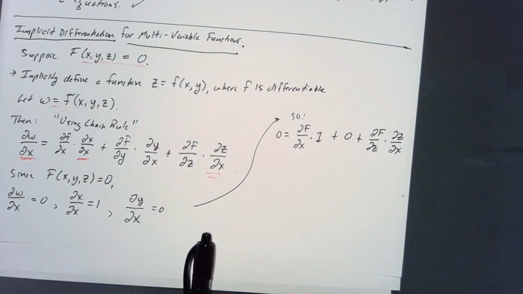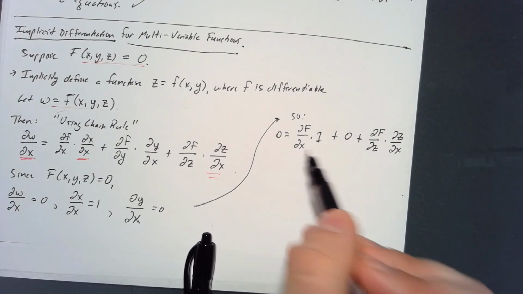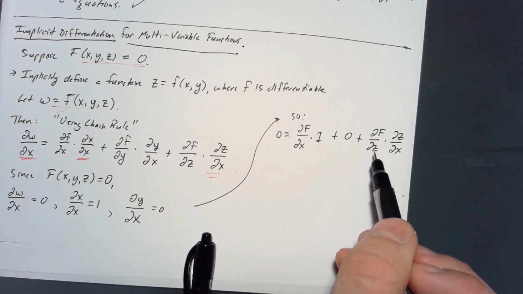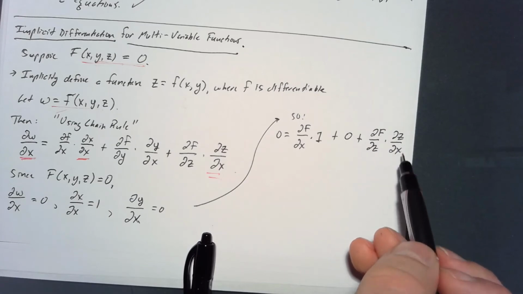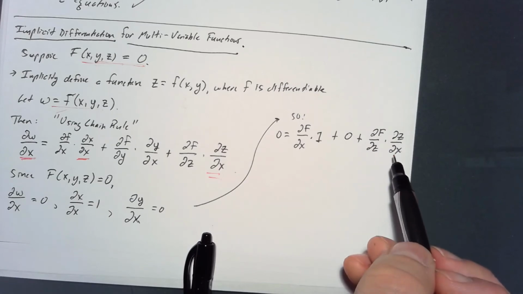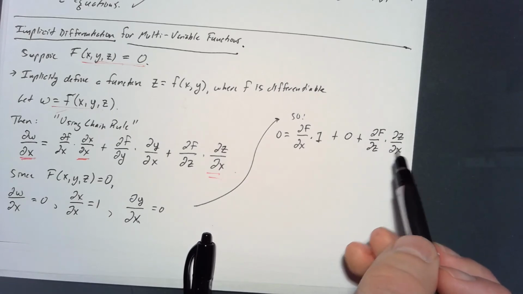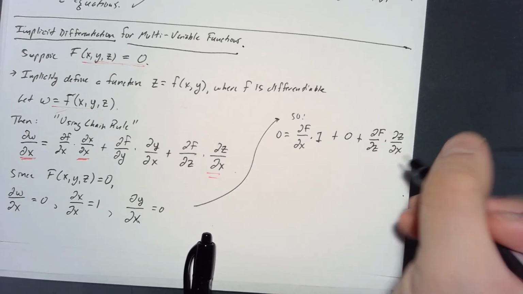So this right here is the function with respect to x, this right here is the function with respect to z, and if I want to find the partial derivative of z with respect to x, what I could do is solve for this.